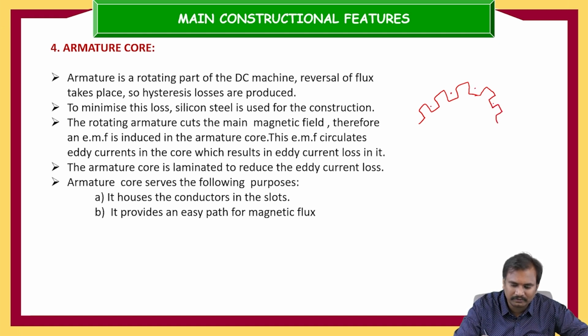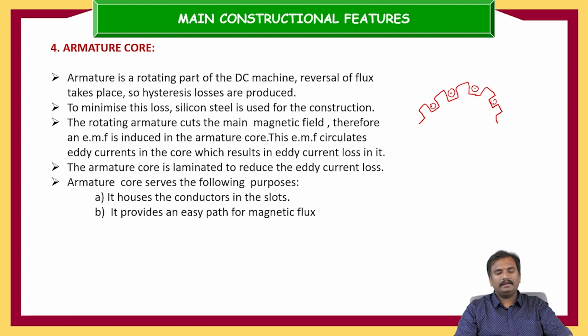We are going to have the slots like this, and on these slots we are going to place the windings. This armature core has a circular shape so that it can easily rotate, and it is laminated in order to reduce the eddy current loss.